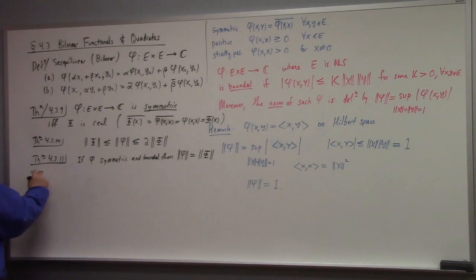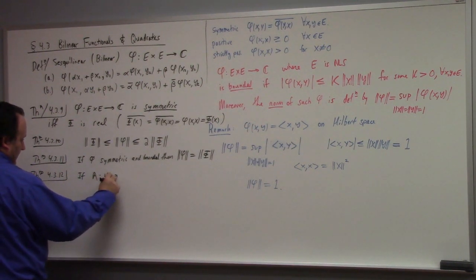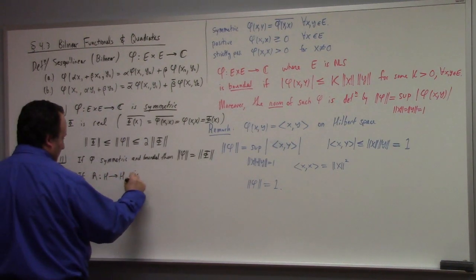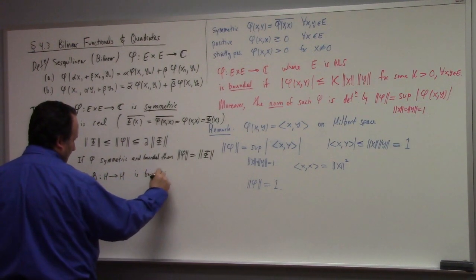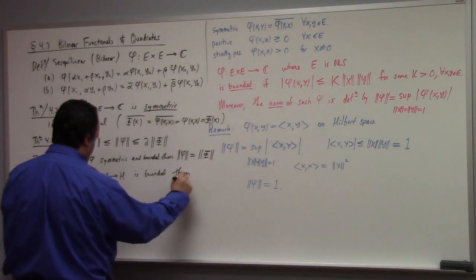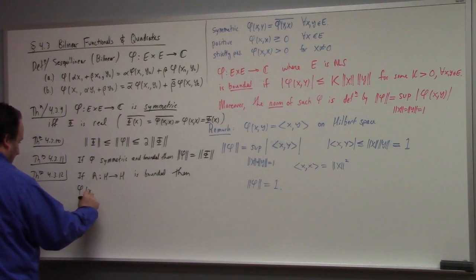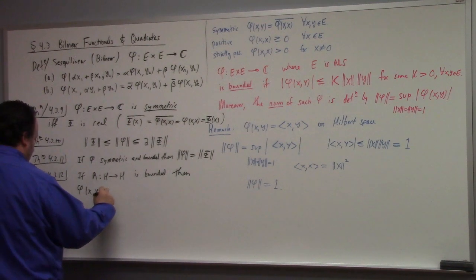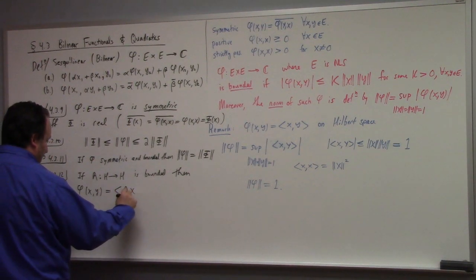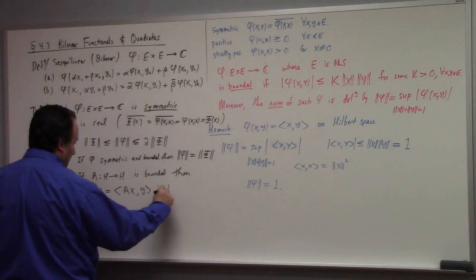Theorem 4.3.12. If A is a bounded operator on a Hilbert space, then the bilinear functional phi defined by the inner product of Ax, y is bounded.